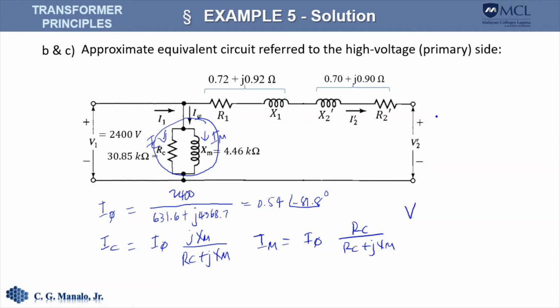Now, V sub 2 here, however, is slightly different, because take note that since this is now in parallel, the shunt circuit is now in parallel with the source, and we said that V2 prime is equal to this voltage. That means V2 prime is actually 2400 volts. Okay, since this is an open circuit here. So it's a bit off, although still close to the applied voltage.